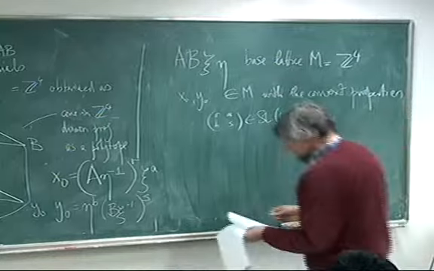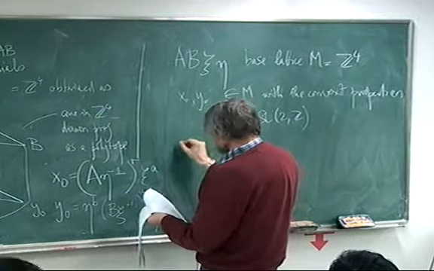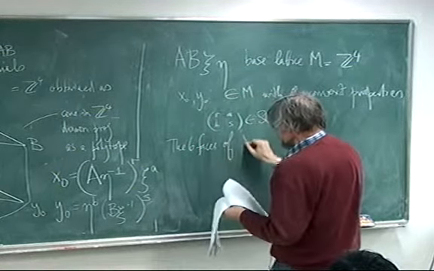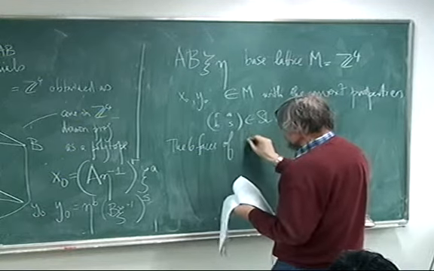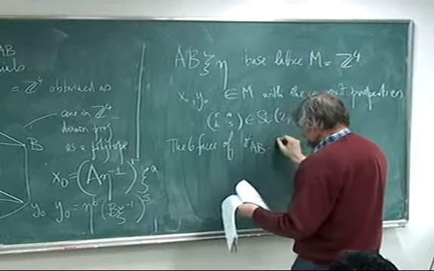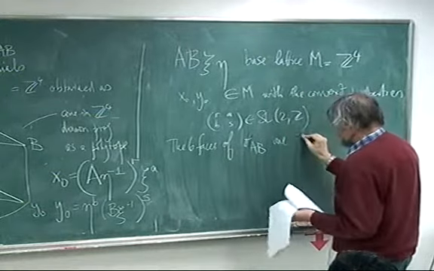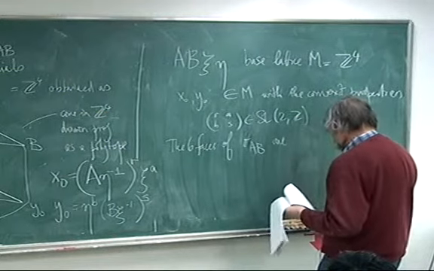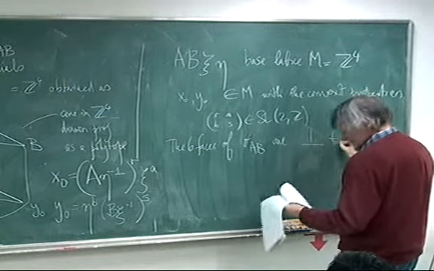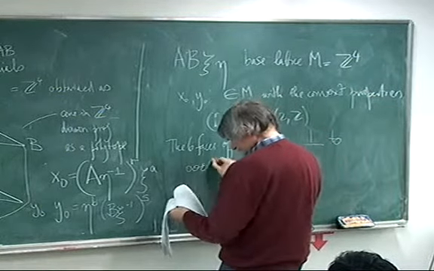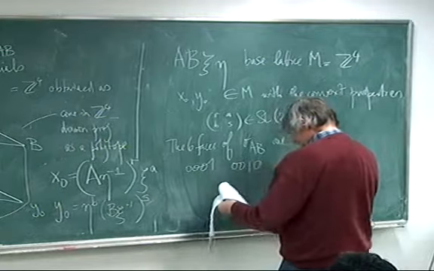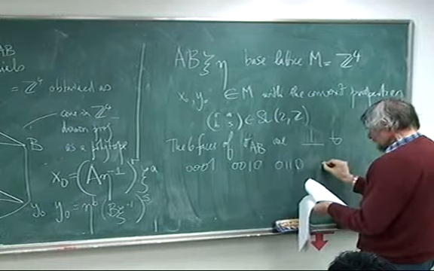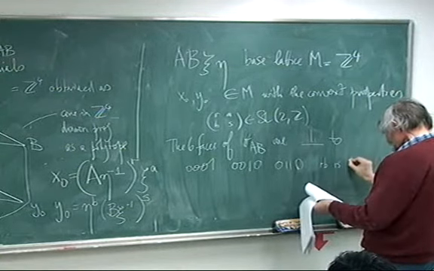Yes? And the 6 faces of V_AB, sigma AB, are dual to, also perpendicular to, 0, 0, 1, 0, 0, 1, 0, 0, 1, 1, 0, R, B, R, S, 1, 0.